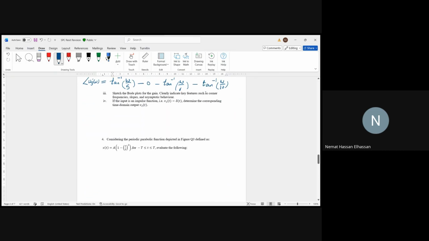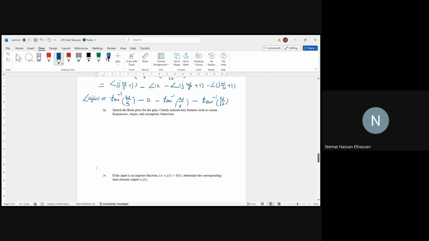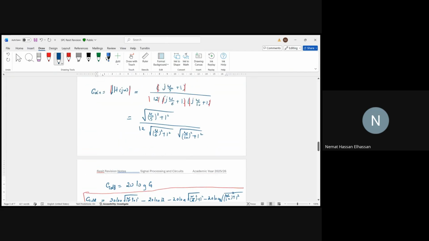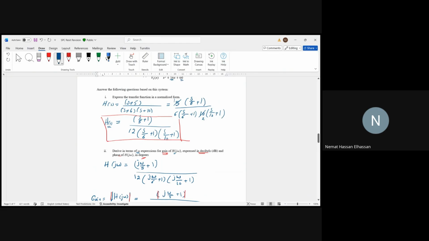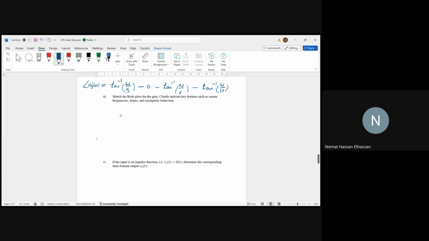Moving on to the third part of the question, which states: sketch the Bode plot for gain, clearly indicating any features. So if I want to plot the gain, I'll go back to the normalized form that I had here and derive from it. This is my transfer function.